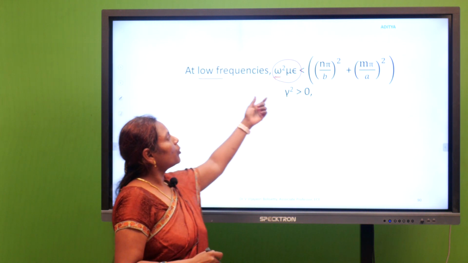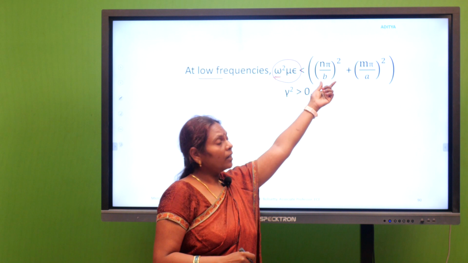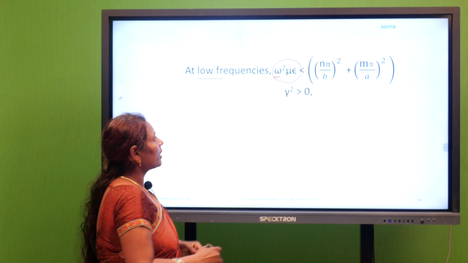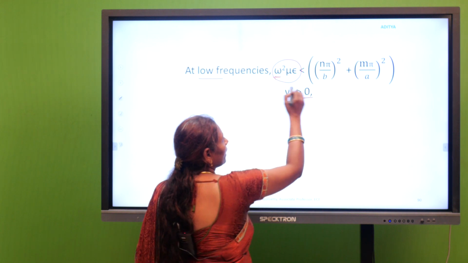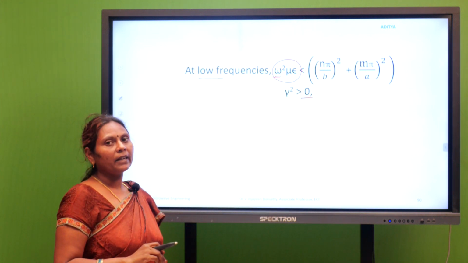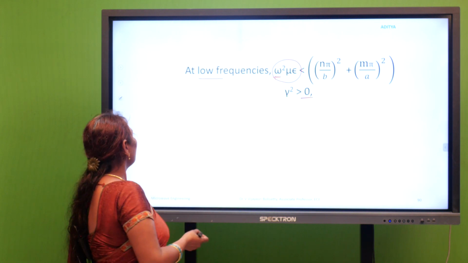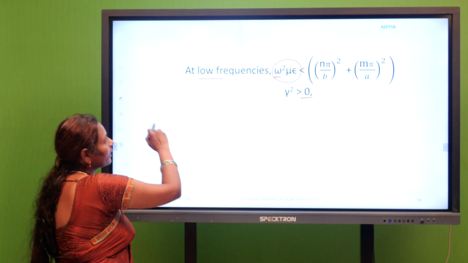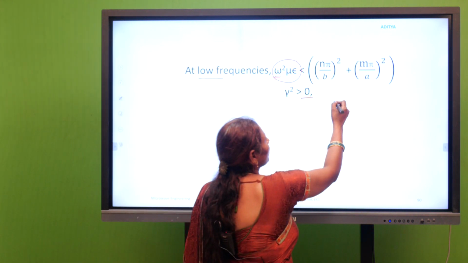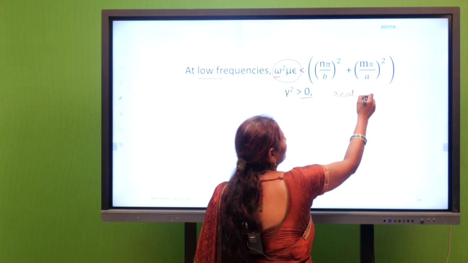So omega square mu epsilon can be less than (n pi by b) whole square plus (m pi by a) whole square. In such a case, the root value is real and positive. So gamma square will be greater than 0 because it is real and positive. Obviously, as gamma square is greater than 0, it is going to result in some real value.